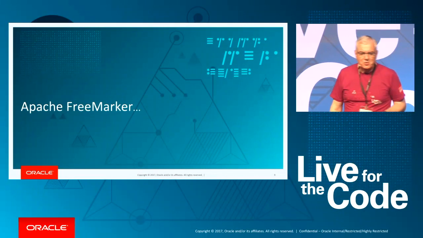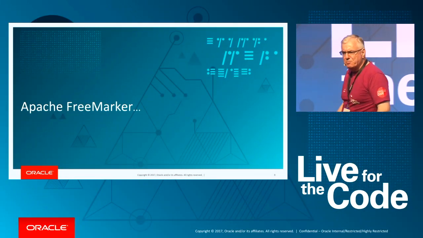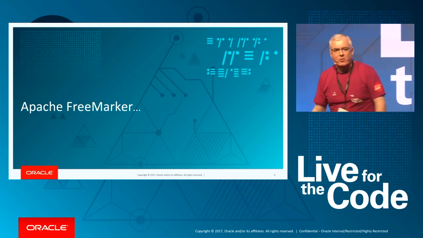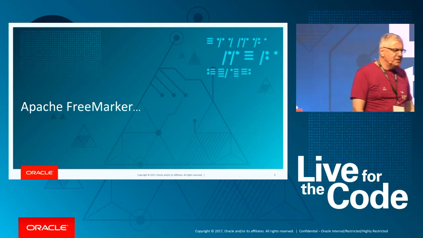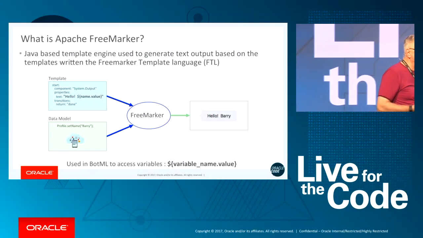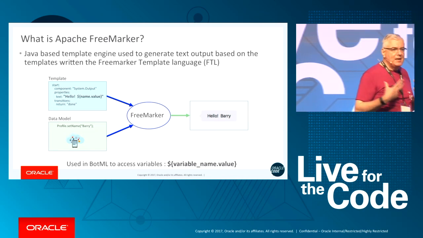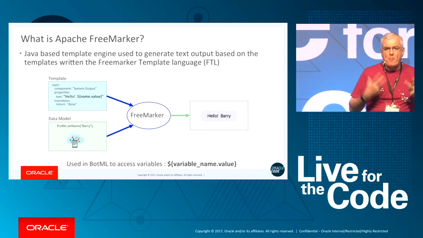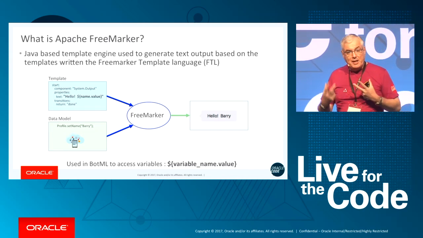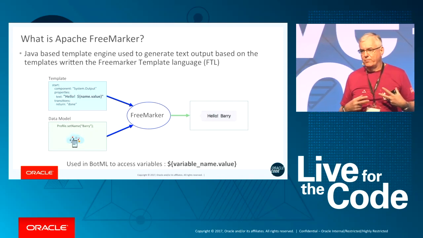So let's get to Freemarker. It's in the title of the session, so it must be important. So what is Freemarker? Basically, Freemarker is what's referred to as a templating language. Think of it as a way of taking information and formatting it or doing manipulation on it independently of the back-end application.